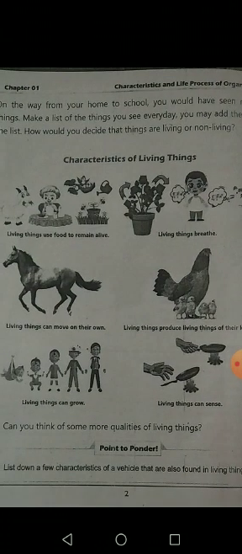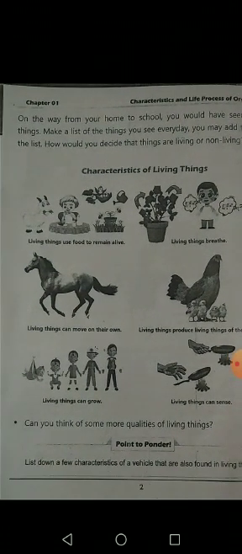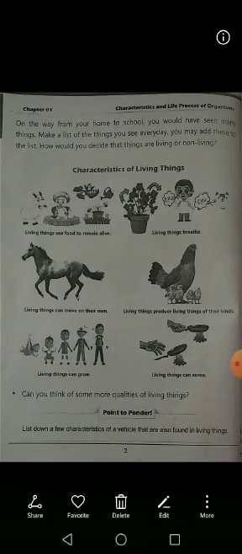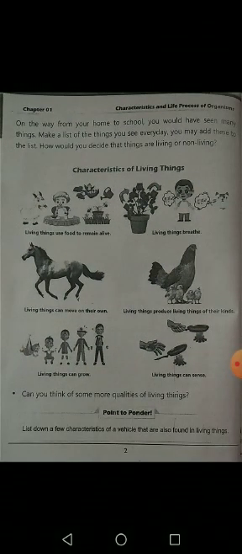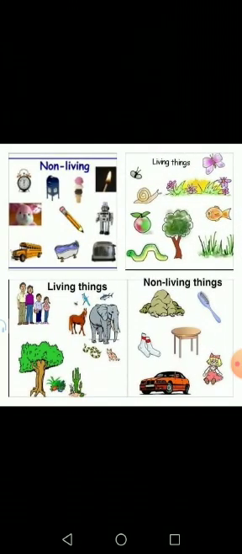Okay, dear students, on the way from your home to school you see a lot of things around you, and there were some living things while others are non-living things. So let's have a look on the living things and non-living things.